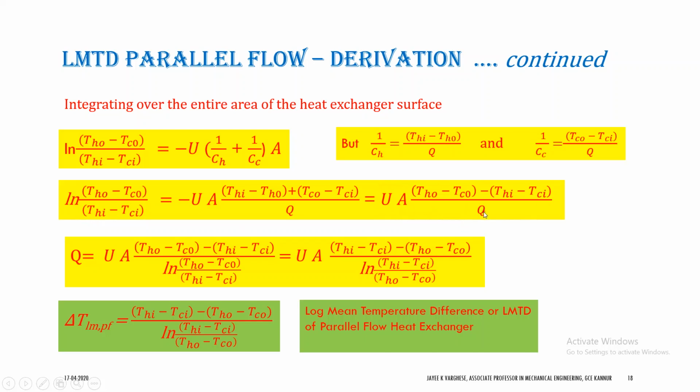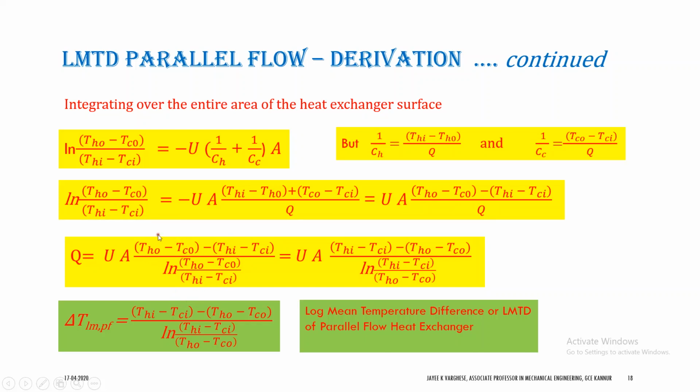We have a Q also here. Now we take this Q to the left side. So Q is equal to UA, retained on the right side, into Tho minus Tco minus Thi minus Tci divided by log of Tho minus Tco by Thi minus Tci.